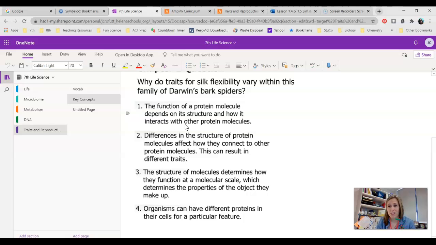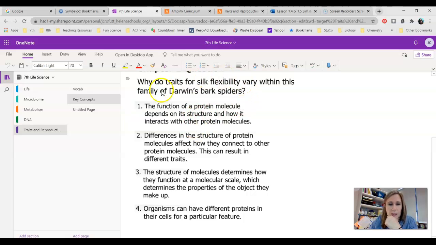If we put those separate protein molecules together to form a longer chain, how might those different individual molecule structures affect their overall function? In this case, the function we looked at was flexibility. Because of its different structure, how did that affect the flexibility or function of those different proteins?